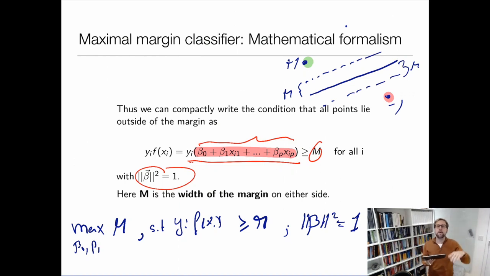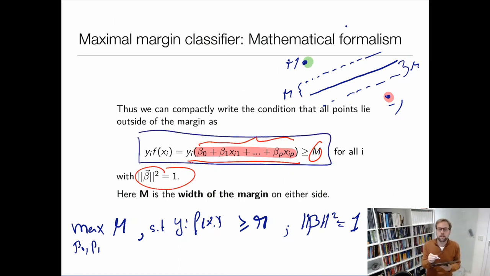And them being outside of the margin is exactly given by this expression here, which hopefully was clear. This thing being bigger equal to m would just tell me it's outside of the margin, but only if I had chosen beta to be of length 1.